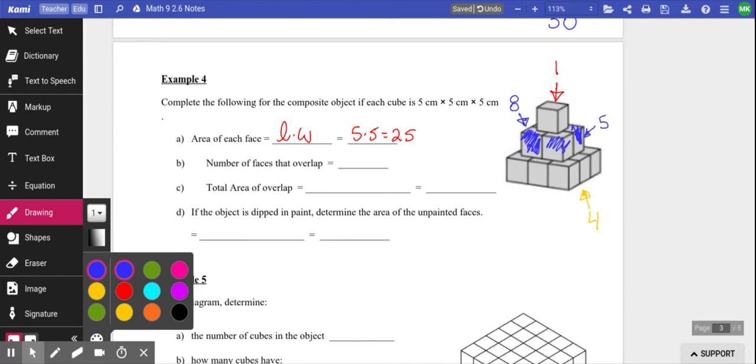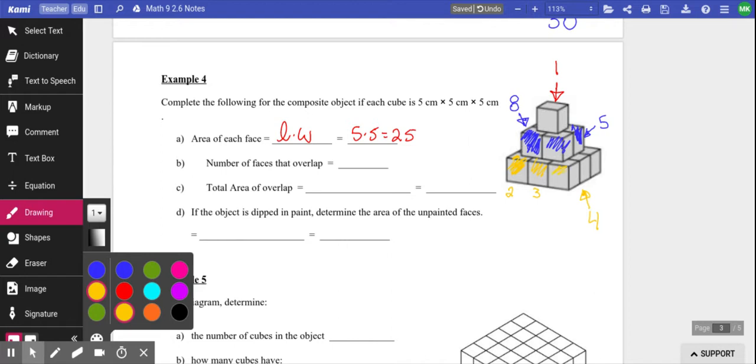For the bottom one, I'm going to do the same thing. So I've already said the 4 on top for this yellow layer. Now I'm going to talk about sides. So if I look at that corner block, there's 2 sides to that corner block. If I look at this one, it would have 3, right? 1 on the left, 1 on the right, and 1 in the front of it.